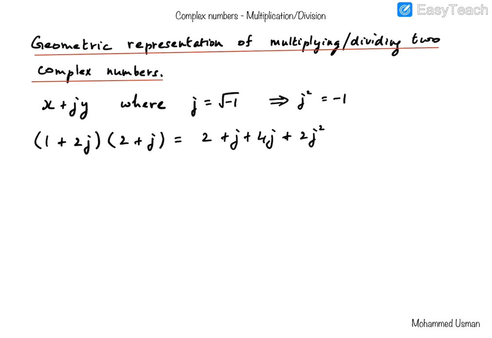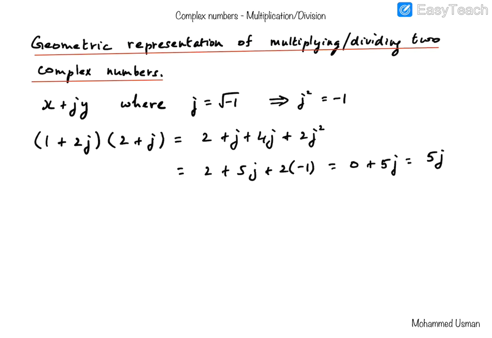So we'll use that fact over here. So that makes it as 2 plus 5j plus 2 into -1. So that becomes 0 plus 5j, which is simply equal to 5j.